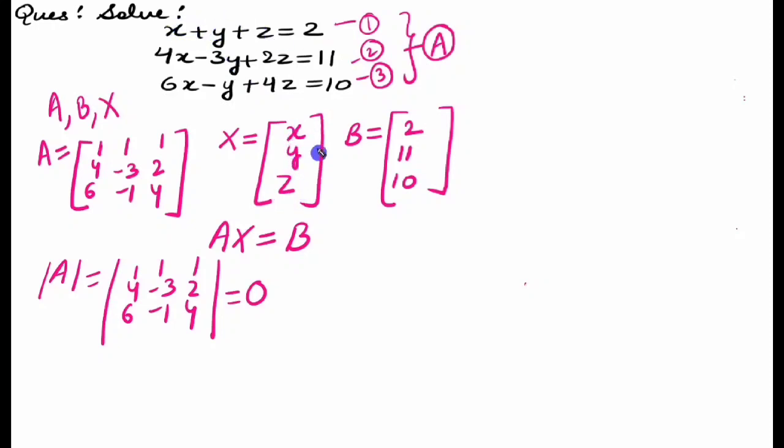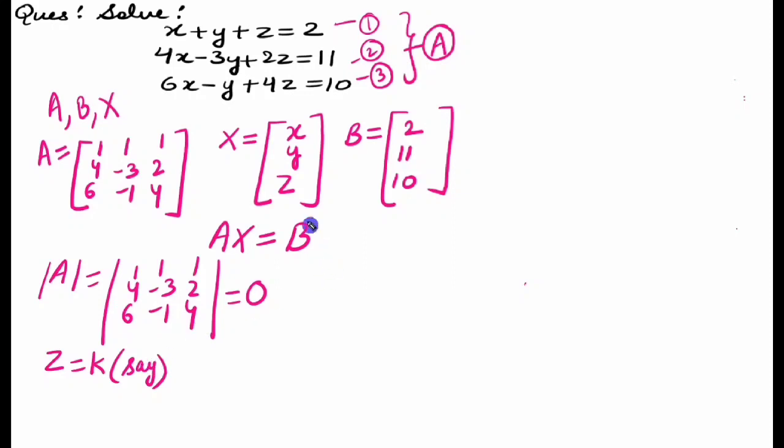So first of all we will choose any one of these variables and put it equal to a constant value. Let us say we have chosen the variable z. Let us say z is equal to k, where k is a constant, any number.